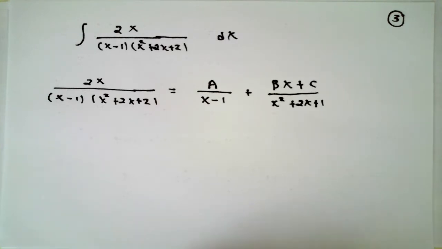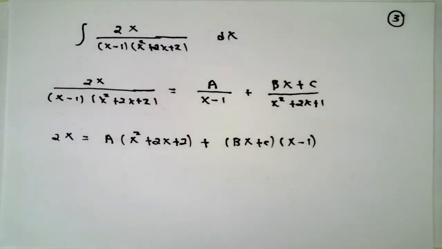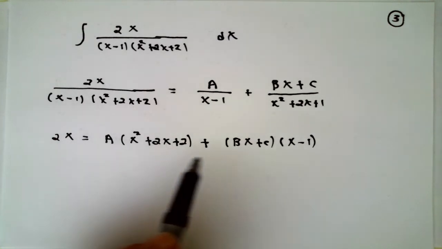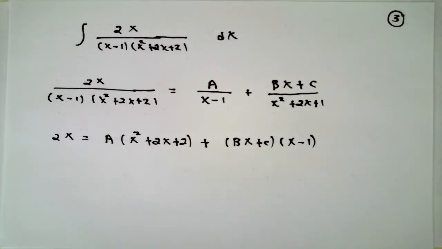The problems that we've had before are now going to get worse. I have only one special number involved in this decomposition. That would be x equals 1, but I have three constants to figure out. If I clear the fraction in the usual way, I end up with this as my basic or auxiliary equation.